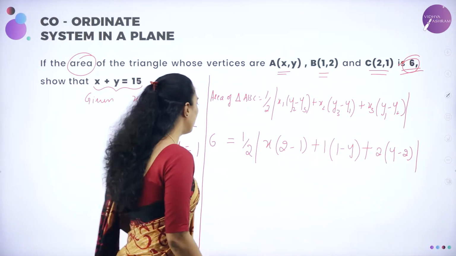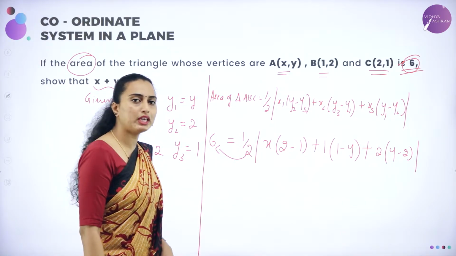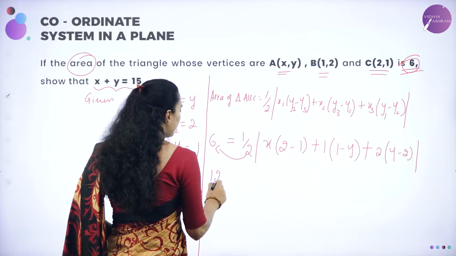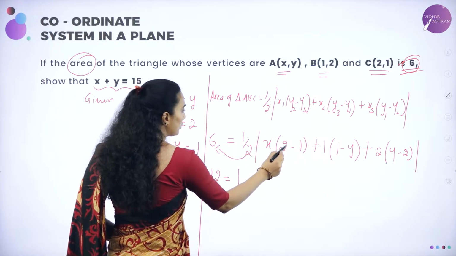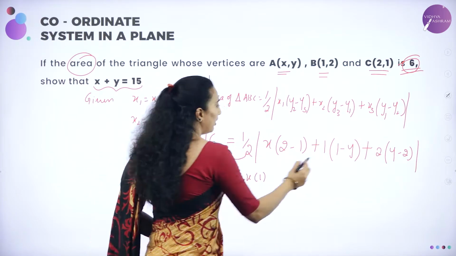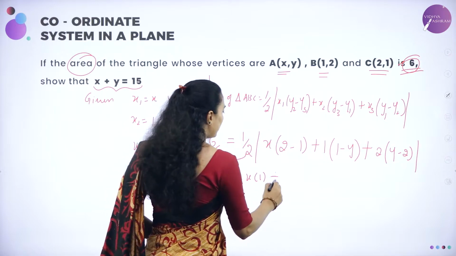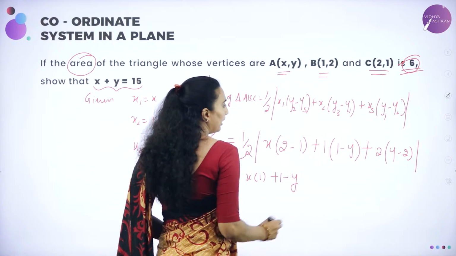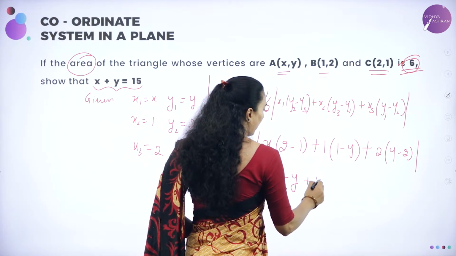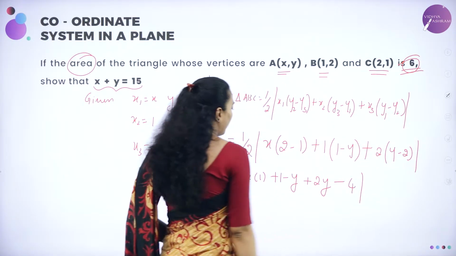So this 2 can be cross multiplied, 6 into 2 will become 12. So 12 is equal to, 2 minus 1 is nothing but 1, so x into 1. Again 1 into 1 minus y is 1 minus y only, plus 2 into y is 2y, and minus 2 into 2 is 4.